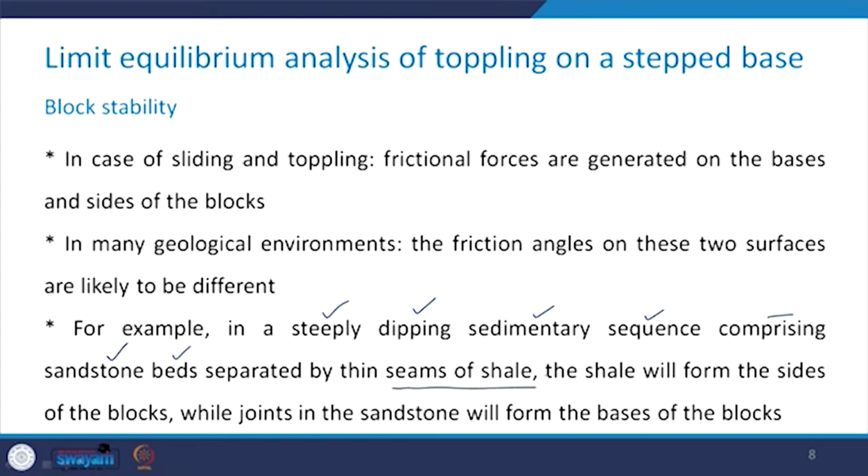So, in this case what will happen is that the shale will form the sides of the blocks while the joints in the sandstone will form the bases of the blocks. And the moment the material at the base of the block and the side of the block is different, most likely the friction angles will also be different on these two surfaces.